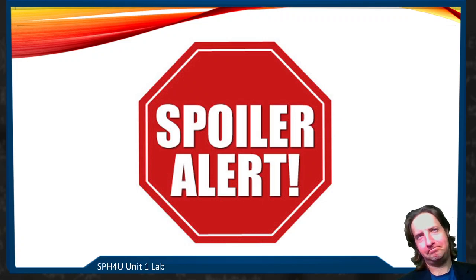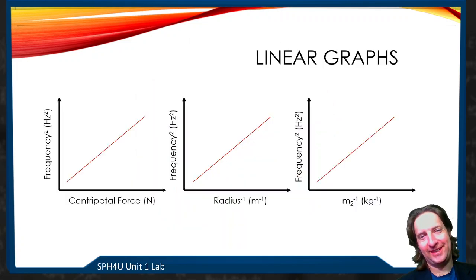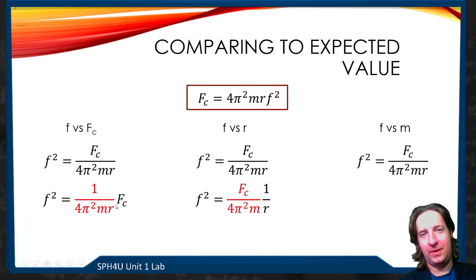Now, just a quick spoiler of what the graphs are going to look like. These are the graphs when they're made linear. We're going to have frequency squared measured in hertz squared. Notice whatever you do to the variable is what happens to the unit as well. And the centripetal force, we're not going to change that. If we go back here, notice it was f squared equal to something constant times Fc.